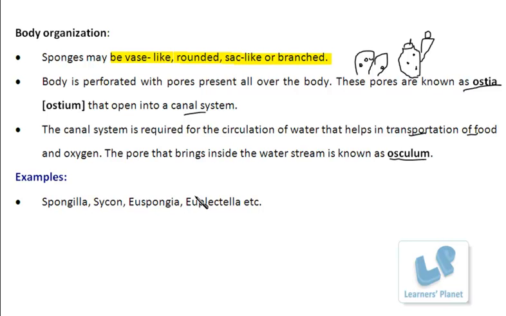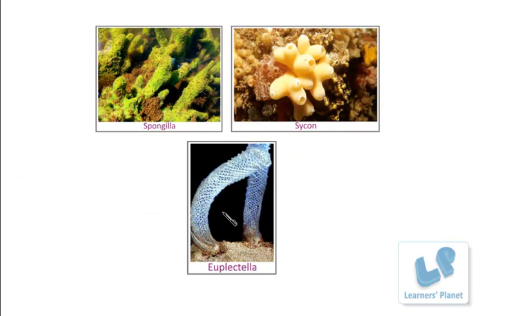The specific examples of these organisms are Spongilla, Sycon, Euspongia, Euplectella, etc. Let me show you the pictures. See, these are the specific examples of these organisms. This first picture is of Spongilla, next is Sycon, and then the next one is Euplectella.